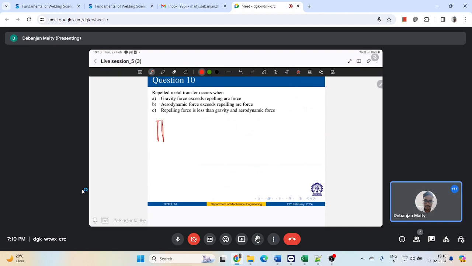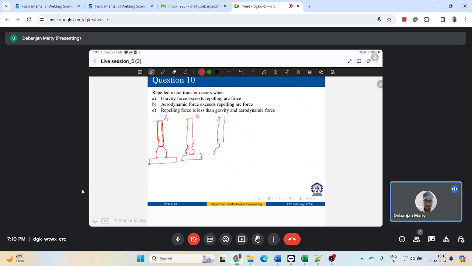let's say this is my electrode, this is my arc in the workpiece, this is the first case. Then this is touching the workpiece, this is the second case.